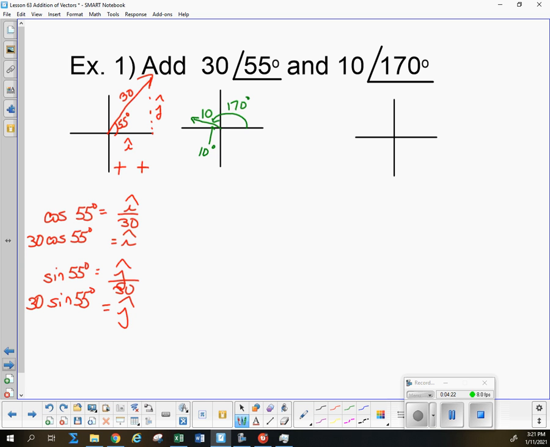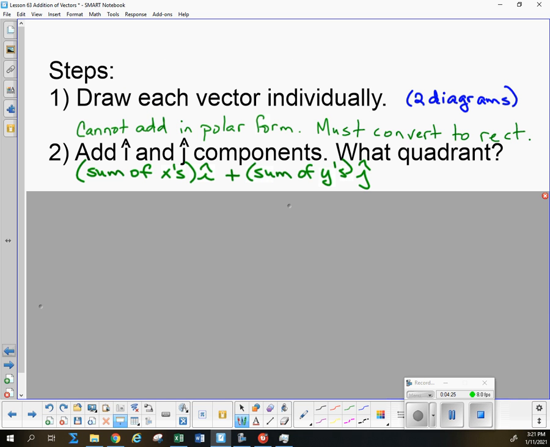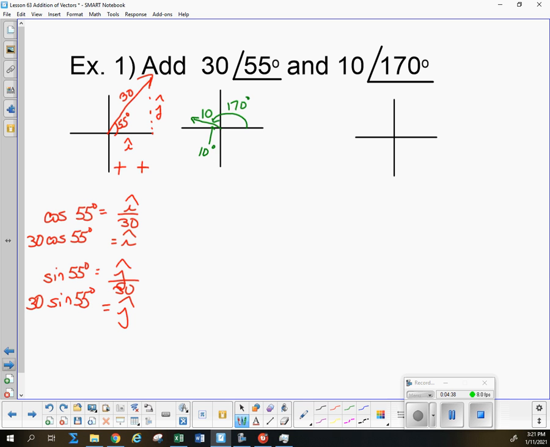By that second step, I am going to need to add the ihat for this one to the ihat for my second vector. And then I'll need to add my jhat to the jhat that I get from my second vector. So I need this and I need this. Let's get the ihat and jhat for the second vector. This time we're in quadrant 2, so we know that has to be a negative positive. So here's my ihat, here's my jhat.